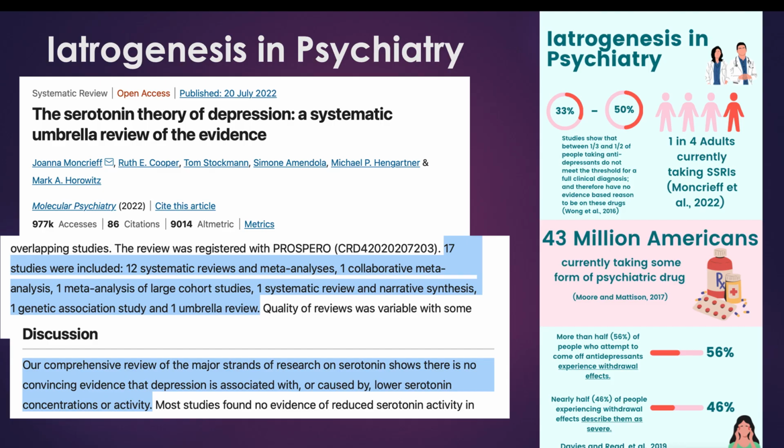And yet, millions of Americans, and I'm sure this is true in other modern industrial cultures as well, are taking antidepressants to treat depression. I don't have the numbers for how many specifically are taking it for depression. But over half of the people who try to come off of them experience withdrawal effects. Half of whom experience severe withdrawal effects. I mean, this is incredible.